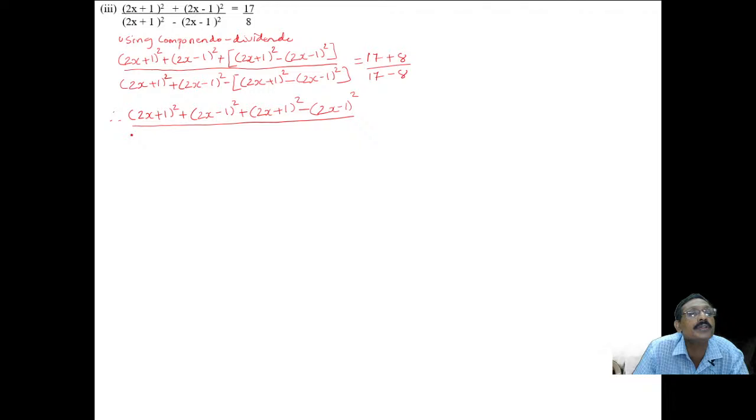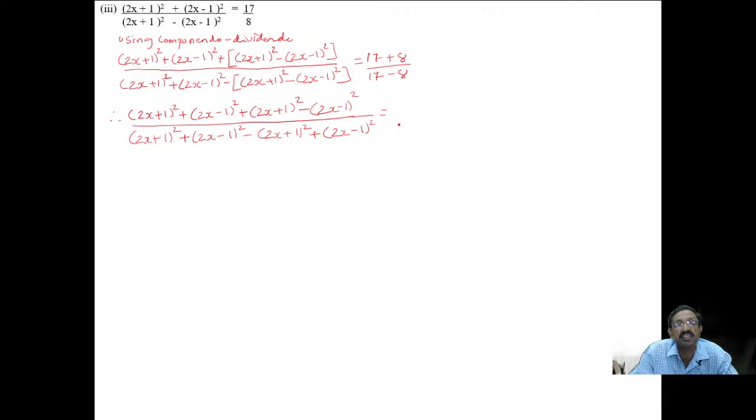Now let us open this. (2x plus 1) square plus (2x minus 1) square. Minus into plus gives me minus (2x plus 1) square. Minus into minus will give me what? Minus into minus gives me plus (2x minus 1) square.